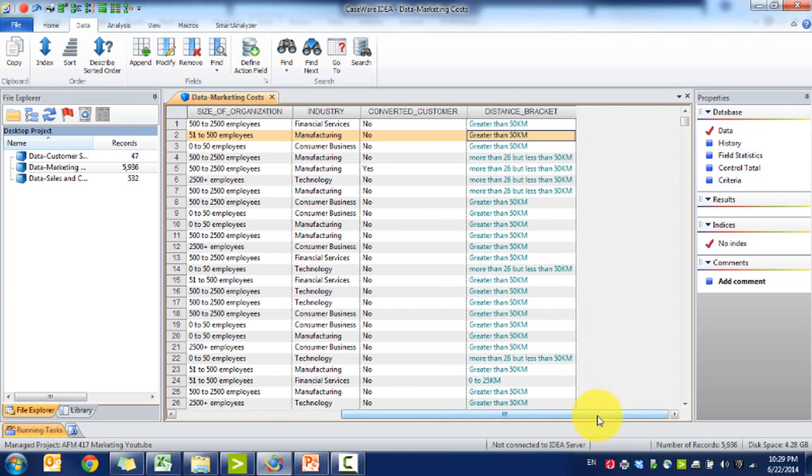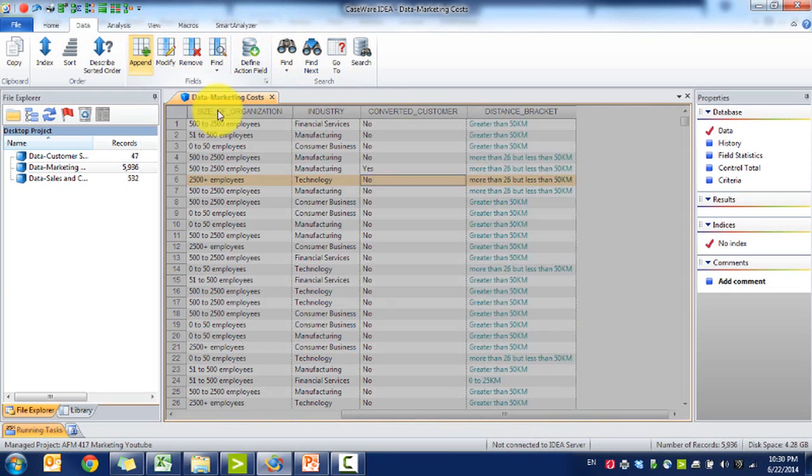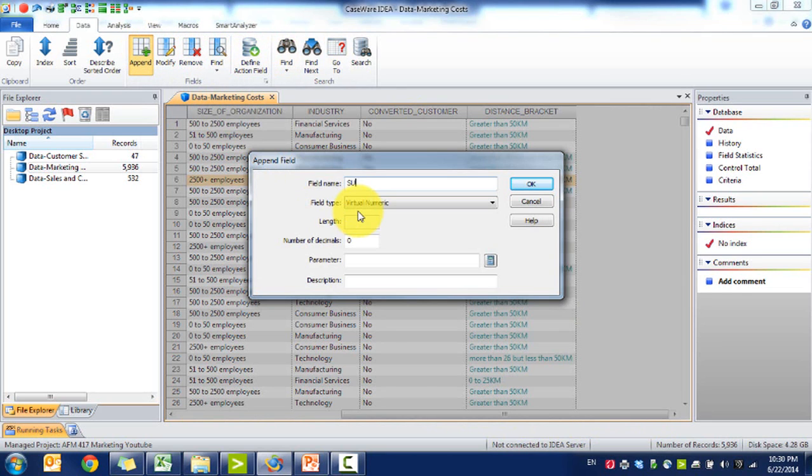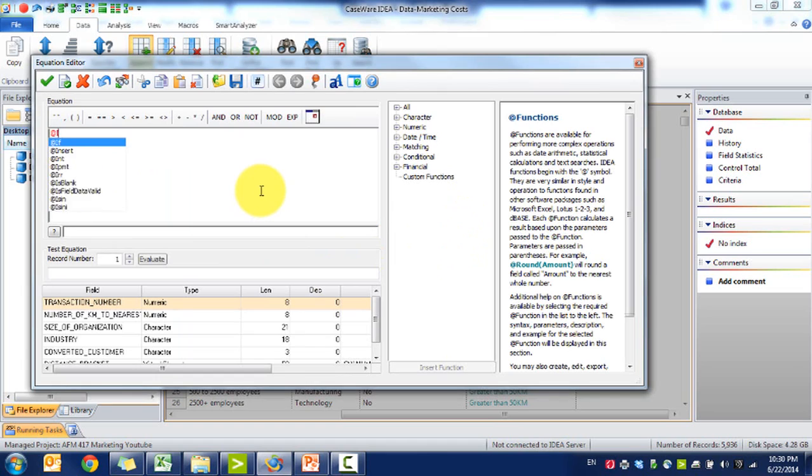And now the challenge that we're going to have is these converted customers are either yes or no, but we want to get to success rate. So when we summarize, we actually want to summarize a score. So what I'm going to do here is create a success rate score, and that's essentially going to be if converted customer equals yes, then 1, otherwise 0.